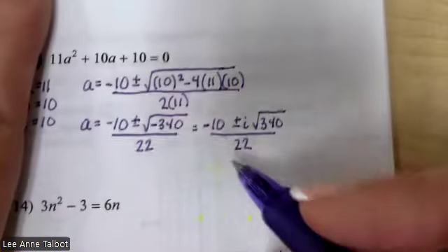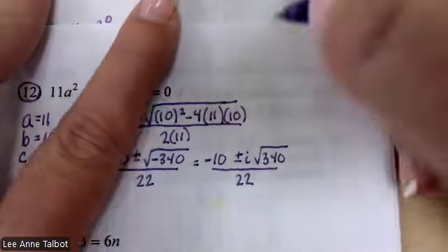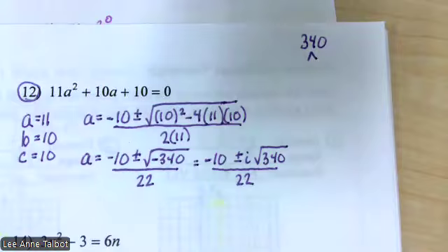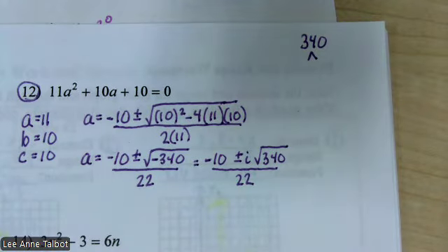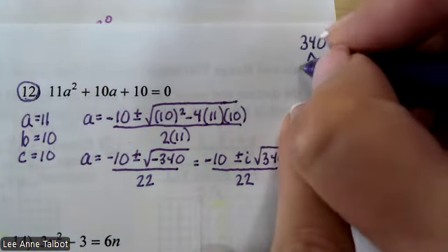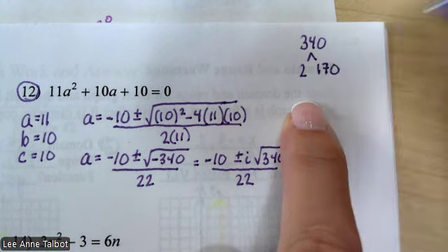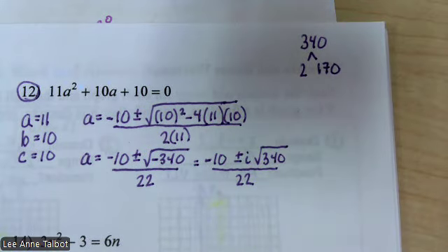The next thing is that 340 is simplifiable. Come up here to the top, and we're going to make a factor tree. 340 is 2 times 170. Oh, 20 and 17 is fine.